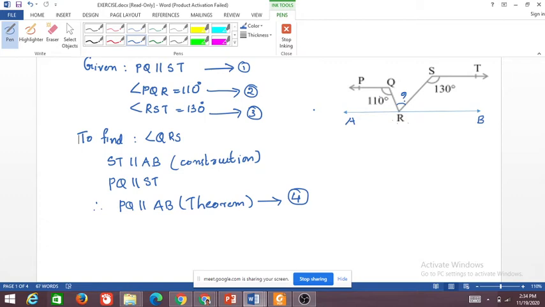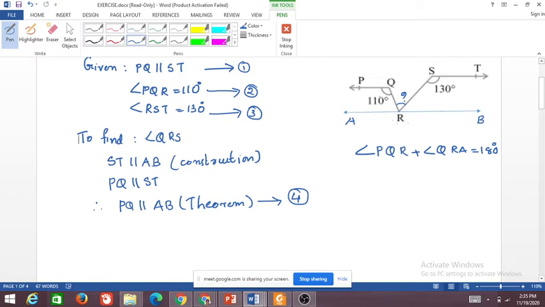Okay, Supraja, can you try now, or should I move to someone else? Angle PQR plus QRA is equal to 180 degrees, ma'am. Angle PQR plus angle QRA equal to 180 degrees. How did you get that? So what is the reason behind this?